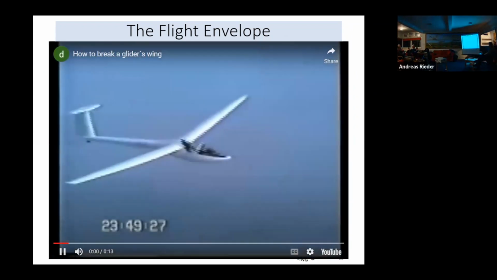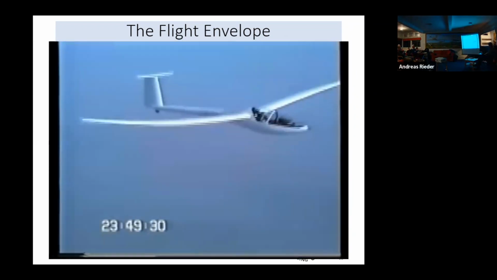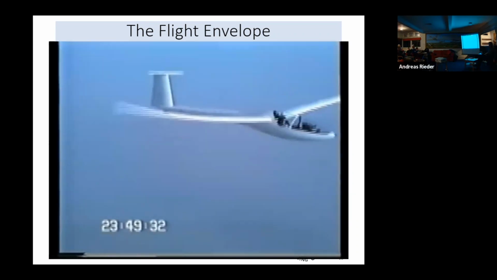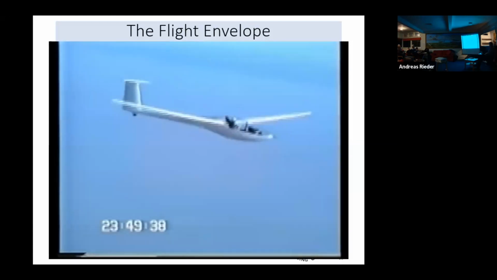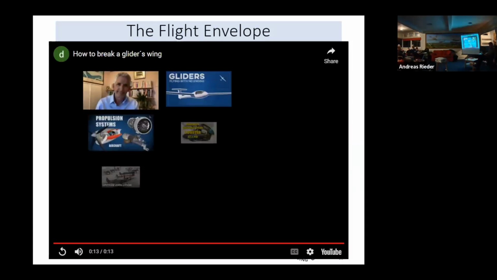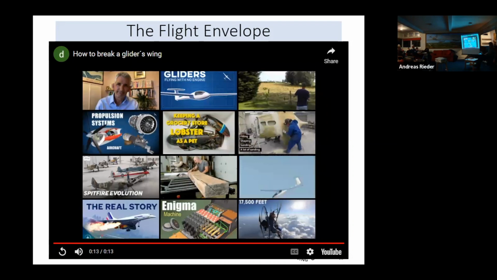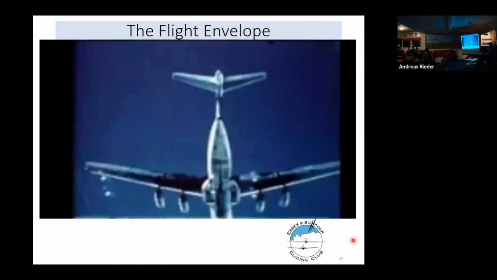And there's no sound. But normally there's sound on that, and he's calling out the various airspeeds. You can see the wings fluttering. I'll move on to the next video.